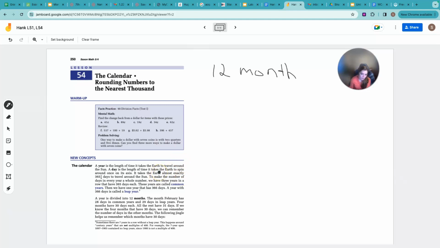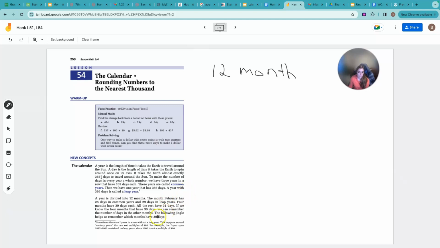I think it's coming up this year, actually, but we have a leap year this year, which means that February has 29 days. Yes, that's correct. This year is a leap year. February normally has 28 days. It's the shortest month of the year, right?